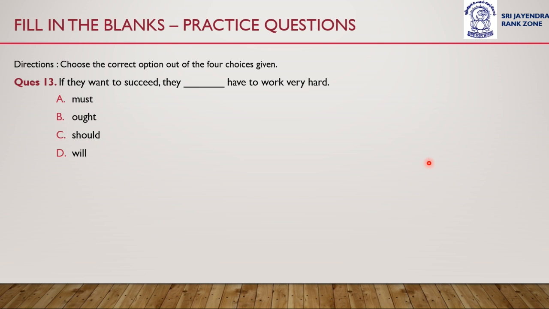Must, ought, should, will. These are the four options. Which of these options will most appropriately fill in these blanks? Please choose the correct option. I am giving you 10 seconds to evaluate the statement as well as options. Try to solve on your own only.